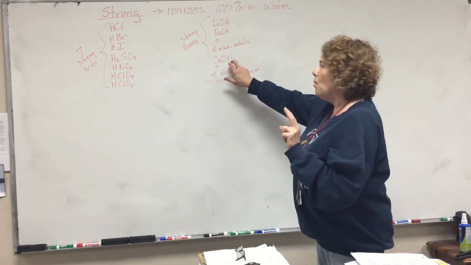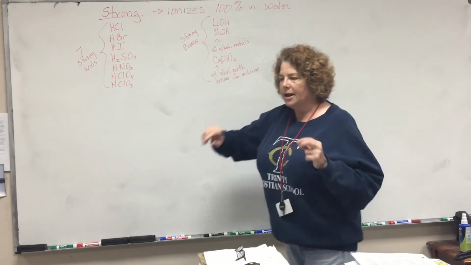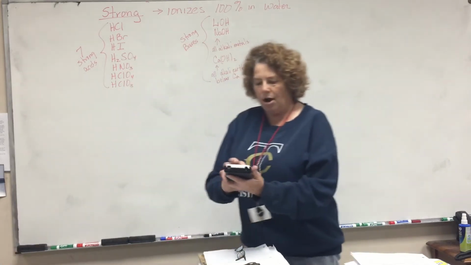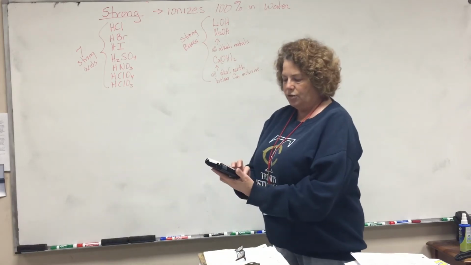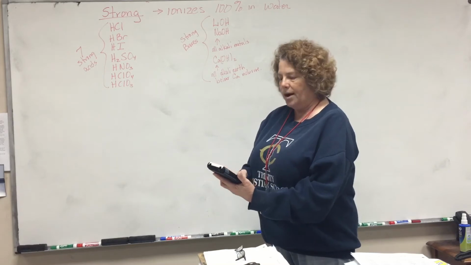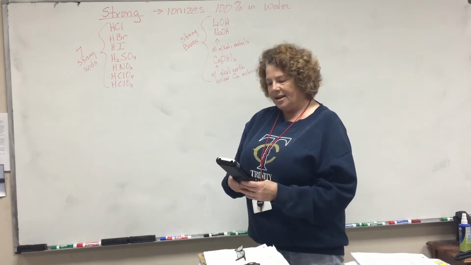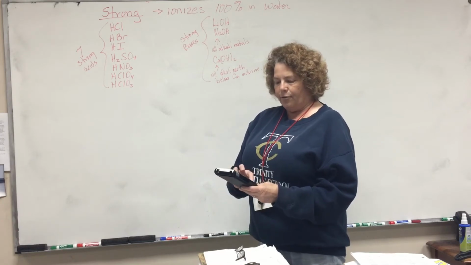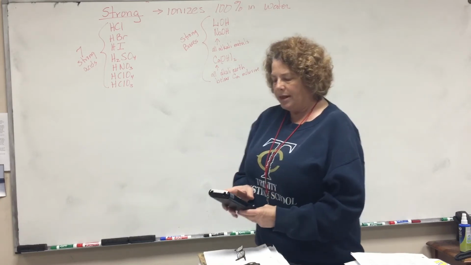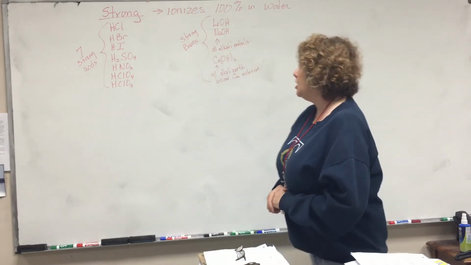So this will be 0.2 molar. So when you plug it in to find the pOH of this, you would have to do negative log of 0.2 instead of 0.1, and you would get a pOH of 0.7. So when you subtract that from 14, you end up with a 13.3 pH. So watch out.